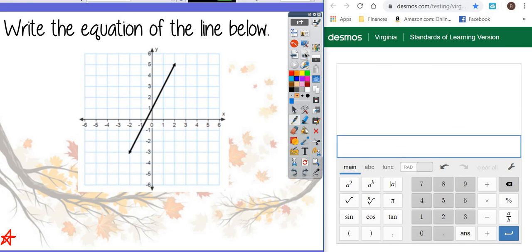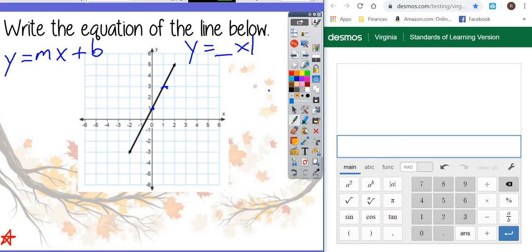Okay? The next one, it says write the equation of this line. So again, let's find the y-intercept. Let's go up until we find another corner, which is right here. All right. Again, I'm going to go ahead and write y equals slope times x plus or minus the y-intercept. We've been writing it this way as well.